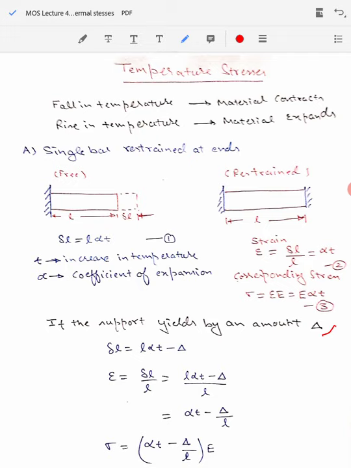So it will be L alpha T minus delta, and the corresponding strain will also get reduced by the amount as delta L has got reduced. So it will be L alpha T minus delta divided by L, which we can compute as shown over here. Similarly, using Hooke's law, we can calculate the corresponding stress being caused in this bar.